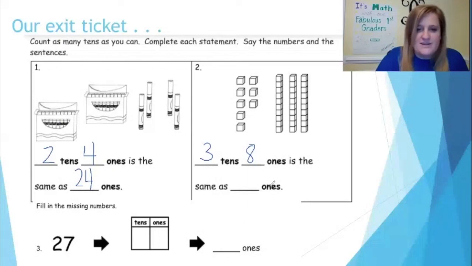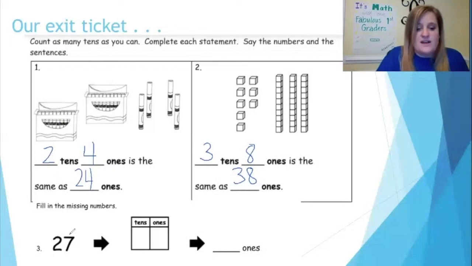What did you write? Great job. 38 ones. So if we were to take our 10 rods and break these apart into ones, you would end up having 38 ones.